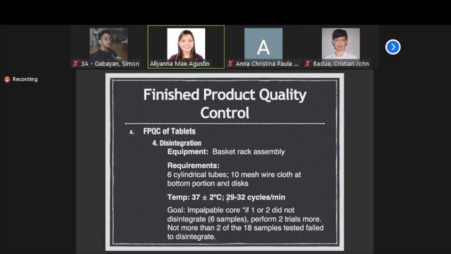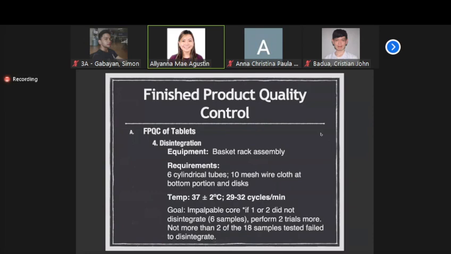Here, we perform 29 to 32 cycles per minute. So, anong meaning yan? Tataas and bababa ang basket 29 to 32 times per minute. So basically murag musaka munaog from the solution ang ating tablet.